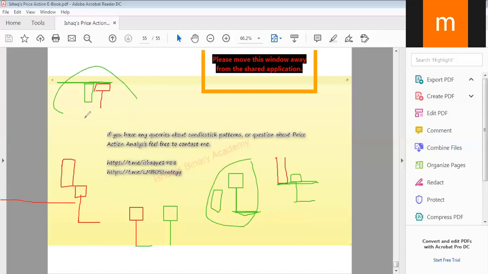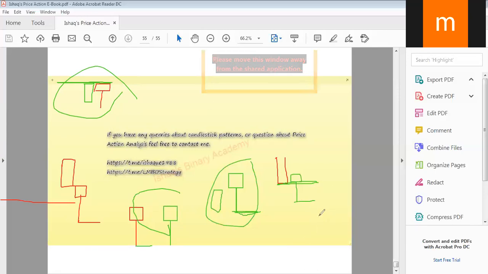So this is the way of finding support and resistance levels from each and every candlestick, like these hammers, the hanging man, and the shooting star. This is the shooting star, or this is the inverted hammer. If it appeared in an uptrend, we say this is the shooting star. But if it appeared in a downtrend, we say this is the inverted hammer. The upper line is 100% the resistance line.